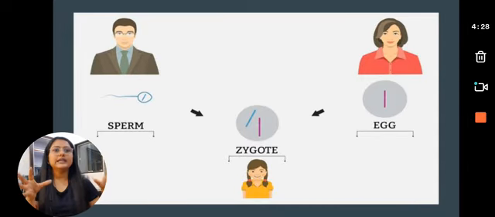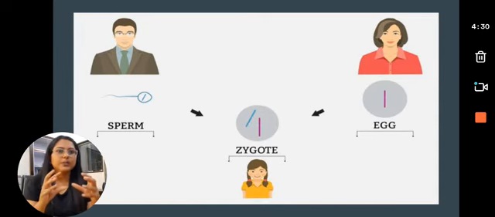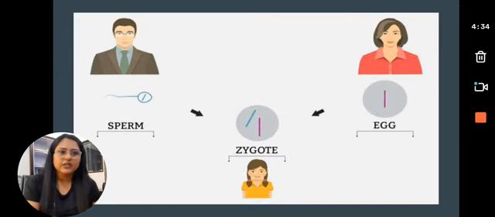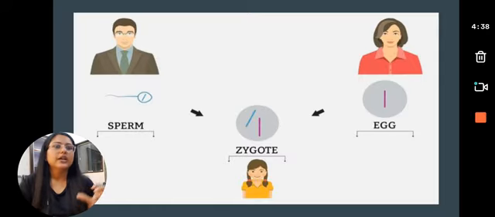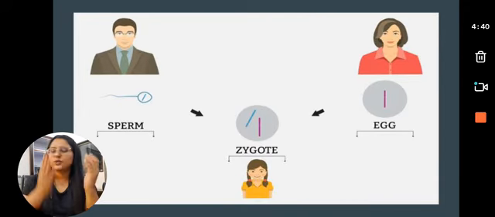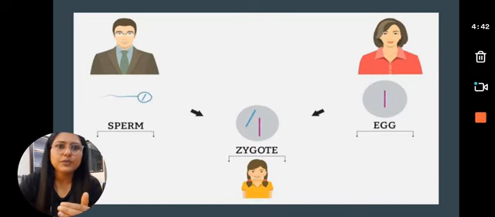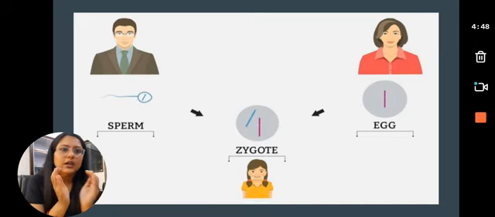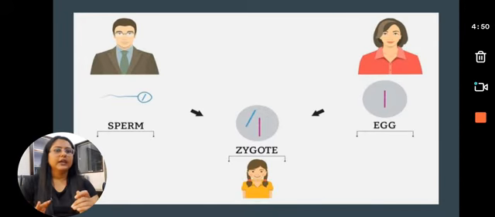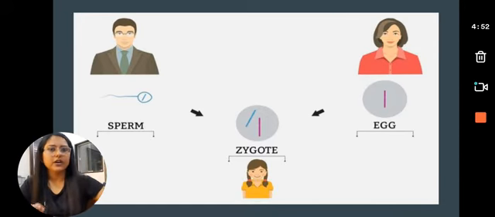These gametes come together during sexual reproduction, and they fertilize with each other and result in the formation of a zygote. So basically the sperm and the egg contain chromosomes, and these chromosomes are transferred to the offspring via sexual reproduction.